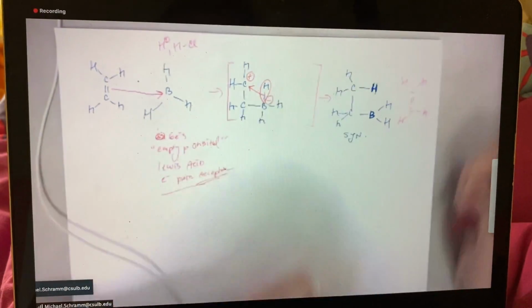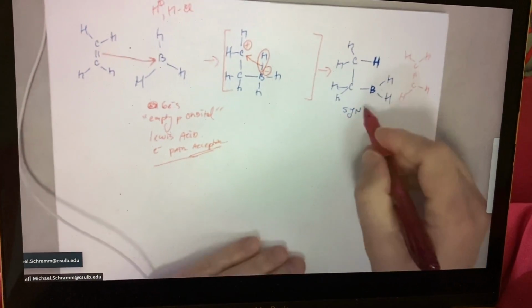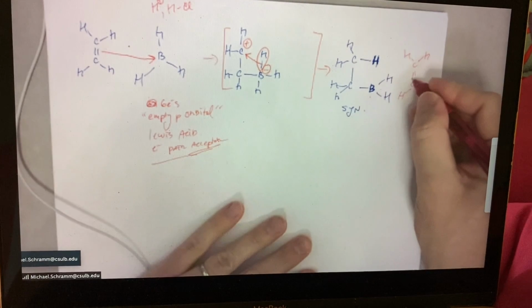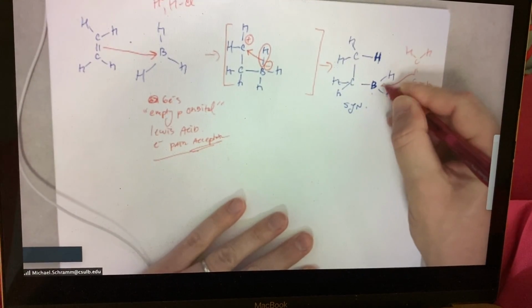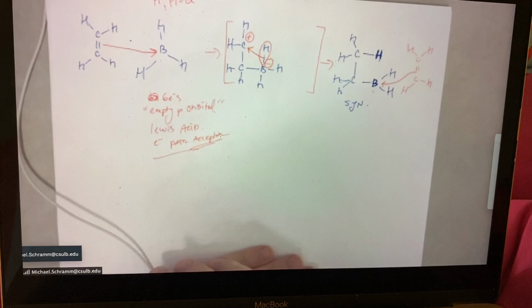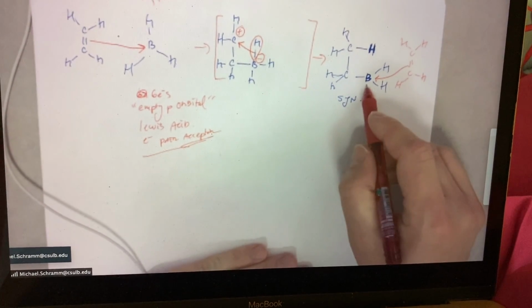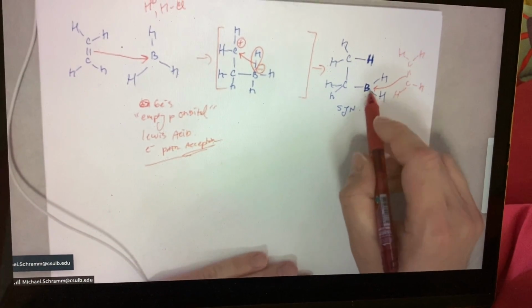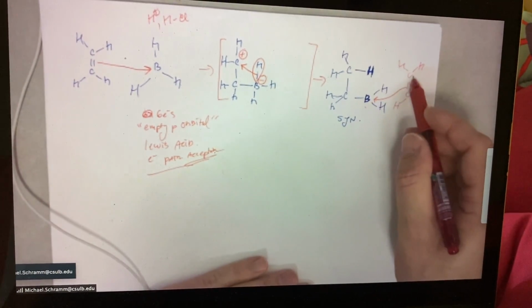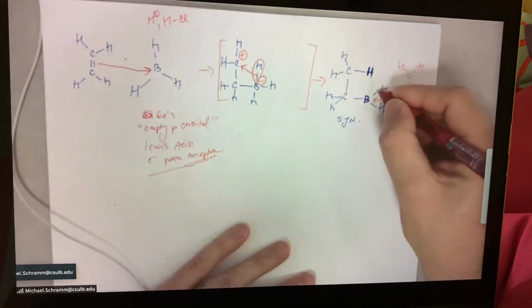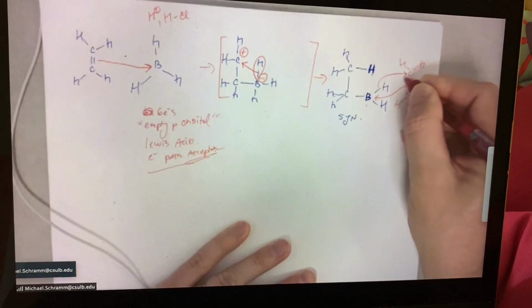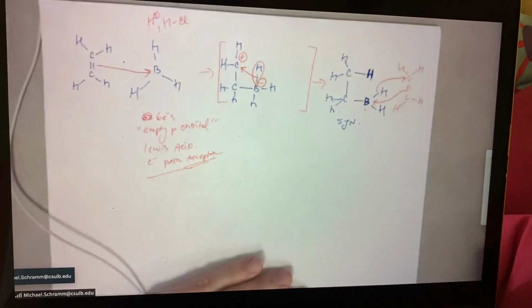if boron finds another alkene, boron's violating the octet rule again. It can accept an electron pair from our alkene. It then satisfies the octet rule. It becomes negatively charged. A positive charge starts building up on carbon. Then boron immediately donates one of its hydrides back to carbon.